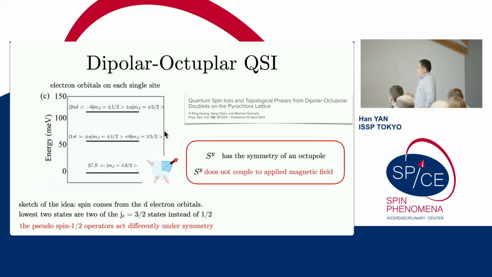This has been discussed in quite a lot of detail in this paper. But for us, the really important thing is that this Sy operator here has the symmetry of an octupole, hence the name dipolar-octupolar quantum spin ice. And an octupole does not couple to an applied external field directly, because the magnetic field is a dipole, right? So they cannot couple bilinearly.